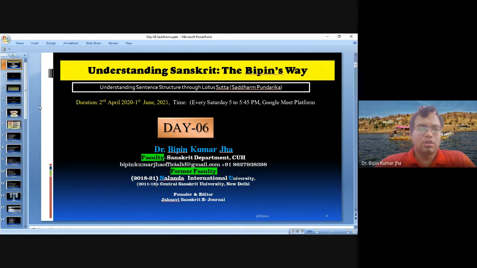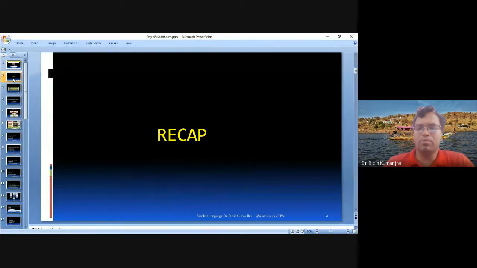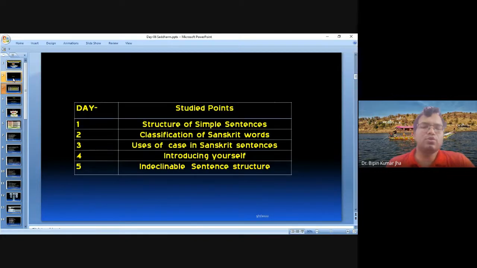Today we will see how we can extract the meaning from the text, and before viewing the content, we'll recap what we have studied in earlier classes so that we can reconnect with previous classes.